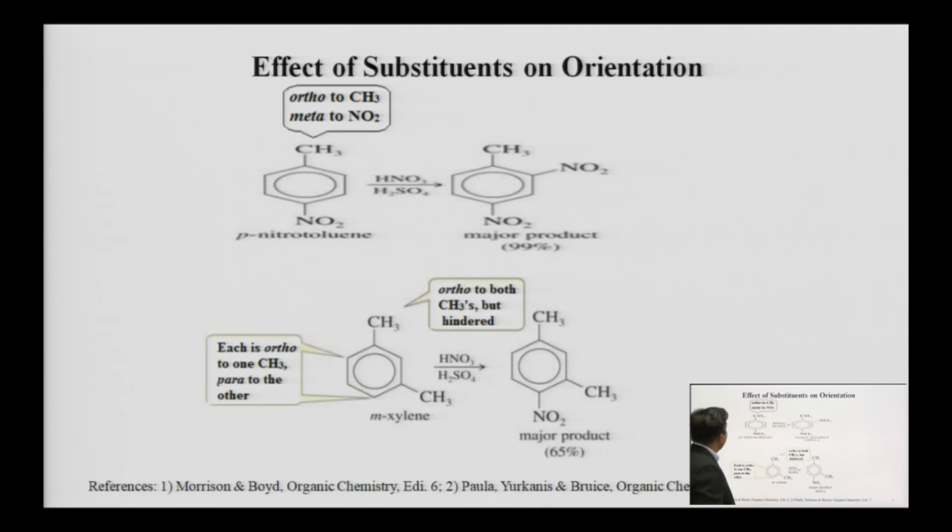Coming to the back slides, here are other examples where two groups are already present on the benzene ring. As I said earlier, if two groups are present on the benzene ring, one is an activator, meaning it can activate the benzene ring toward the electrophilic attack, and one is a deactivator, meaning it withdraws electrons from the benzene ring and because of that deactivates the benzene ring towards the upcoming electrophilic attack.